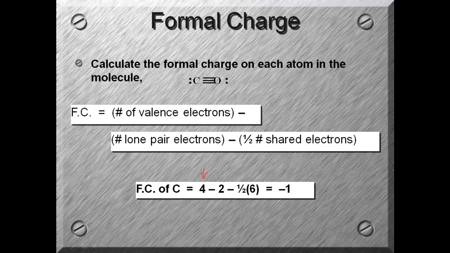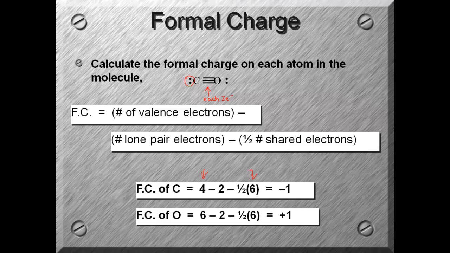And then it has 2 lone electrons, these 2 electrons here. And then the 3 bonds here each have 2. So with 3 of them, there's a total of 6 electrons, so we take half of that. The formal charge of carbon in carbon monoxide is -1.